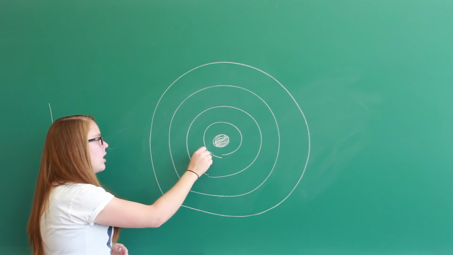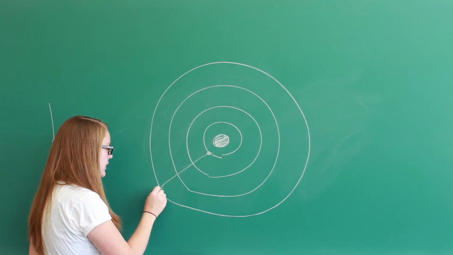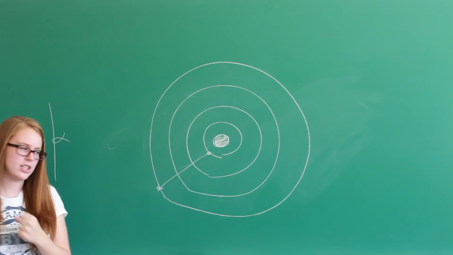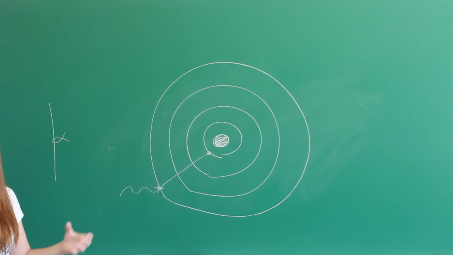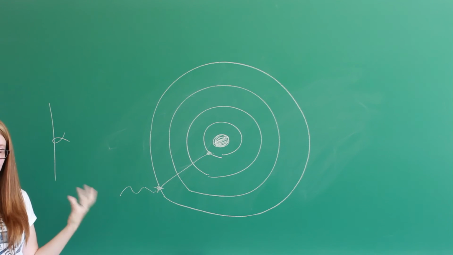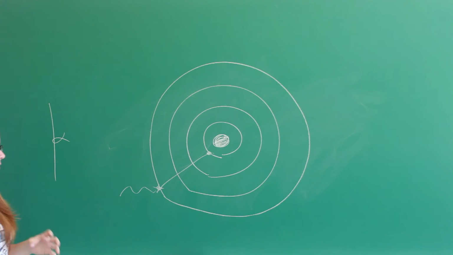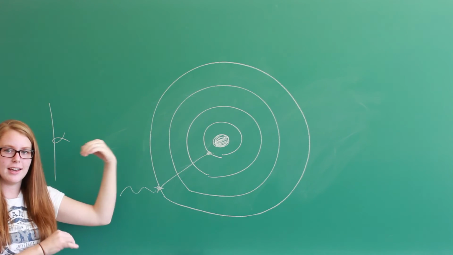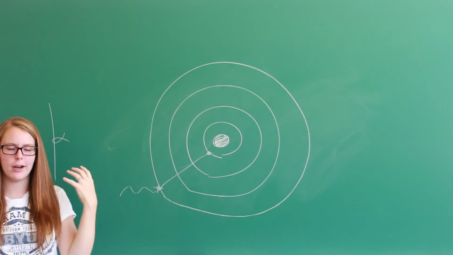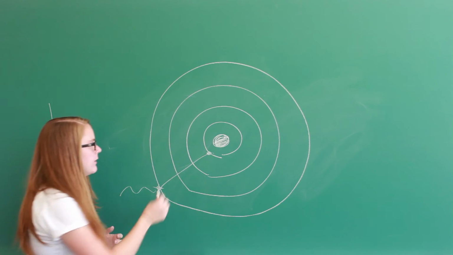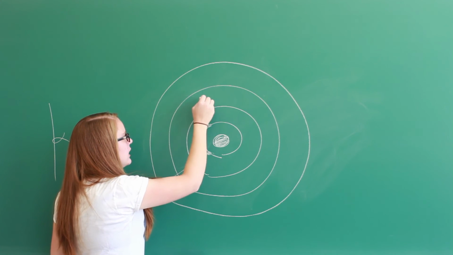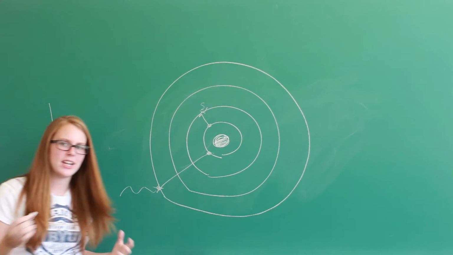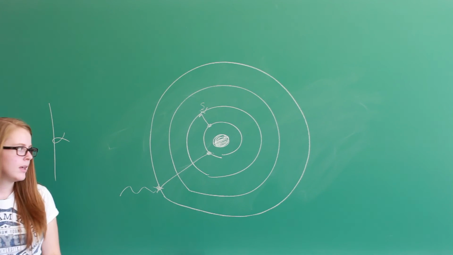If it wants to go all the way out here to this one, it has to gain energy. So it's going to absorb energy, actually a certain color, energy in a photon. If it has to make a huge jump, it's going to be high energy, and so that's going to be more purple in color. If it makes a small jump, only to there, it's going to absorb a reddish color, something on the lower end.